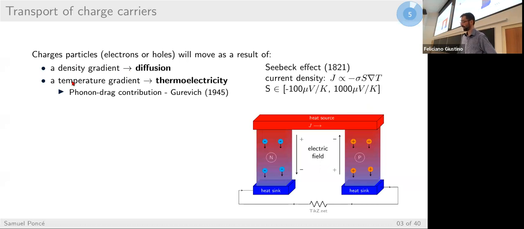You can have a temperature gradient, in which case you get thermoelectricity. And you can have phonon drag. What is happening is that as you have a heat gradient, the lattice will deform, and the lattice will carry charge with it. And so you will have electrons that will move from the hot source to the cold one. And then you have the Seebeck effect and so on.